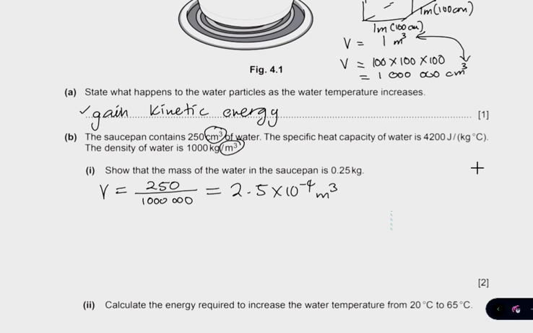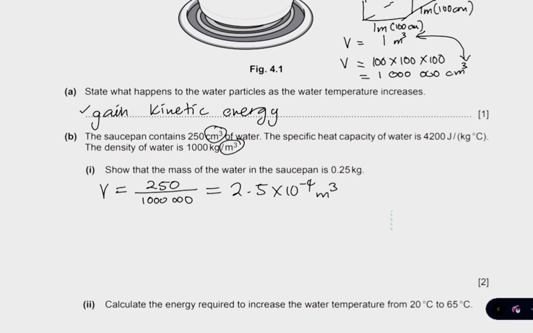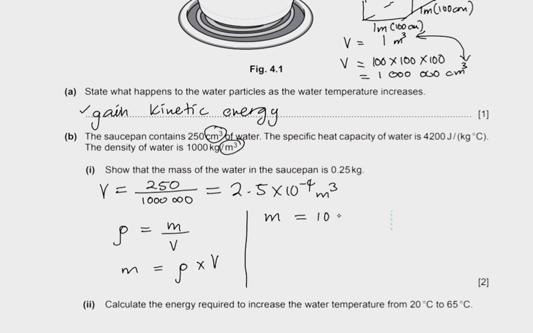Then from the formula, density is equal to mass over volume. It means that mass is equal to density times volume. So what does this imply? The mass is equal to the density, which is 1000, times 2.5 times 10 to the power minus 4.